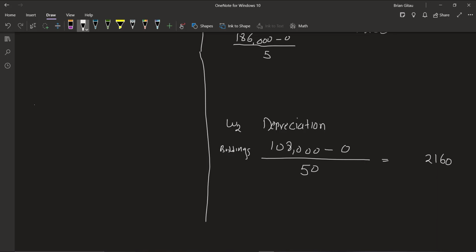Now let's go to plant. Remember, land does not depreciate. Several items are affecting plant, and the first one is additional information number 3.